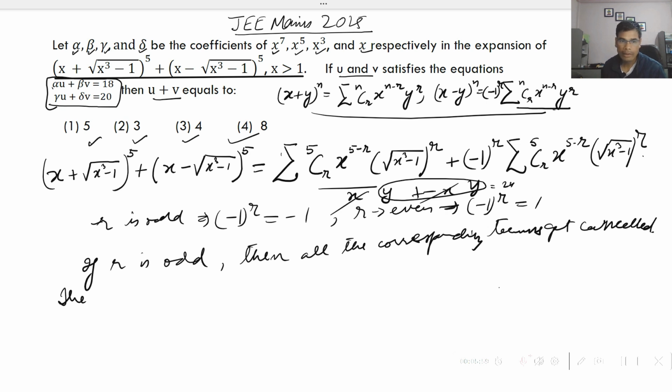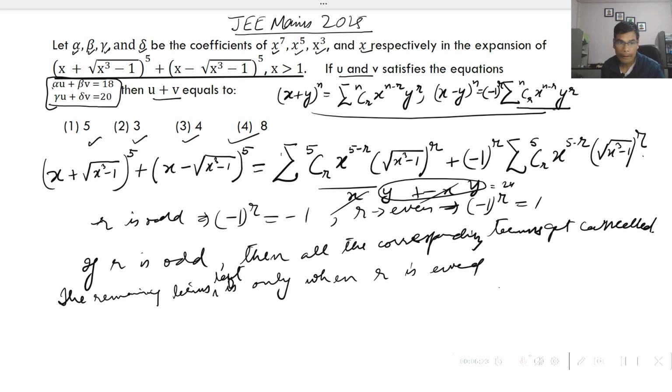So the remaining terms left are only when r is even.